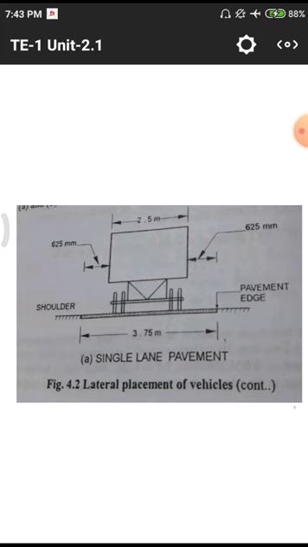Next, we have the middle road, and we have the edges, the shoulders and pavement edges. For the normal vehicle we have 3.5 meters, as I discussed previously, but here we have 3.75 meters, which means some distance is meant for the sides, 625 and 625. That 625 means 2.5 meters is the normal distance between two wheels.